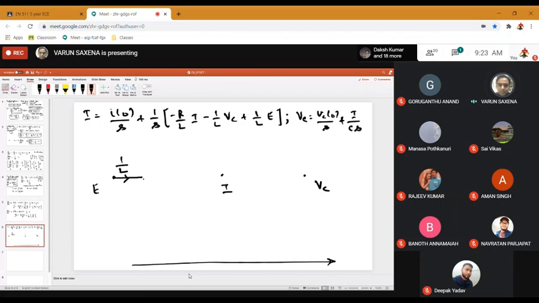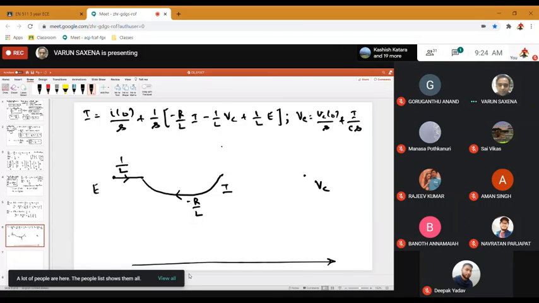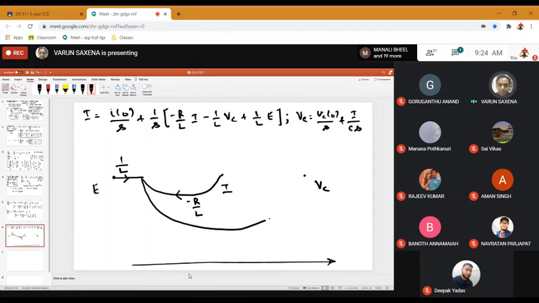So let me just do that. Over here, what I get is something like this. So I have minus R by L. Then there is a contribution from VC also, which is minus 1 by L. So that is something that goes like this. So you have minus 1 upon L. All this is getting added, so that's all right. But now the entire thing is getting multiplied by 1 upon S.